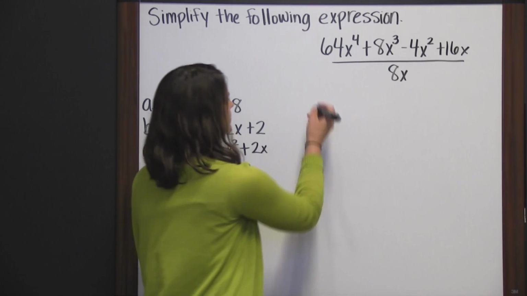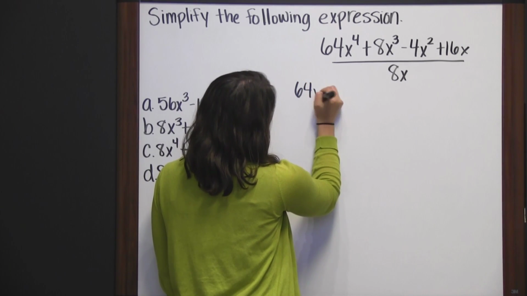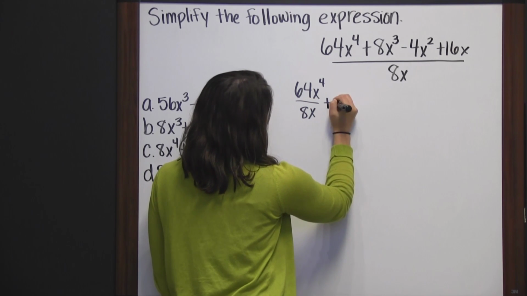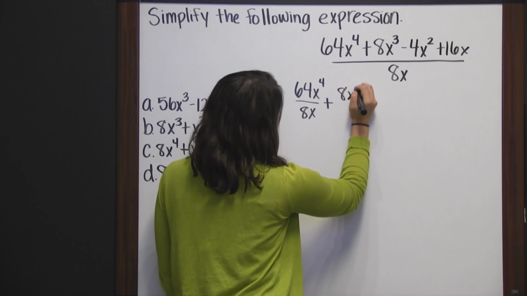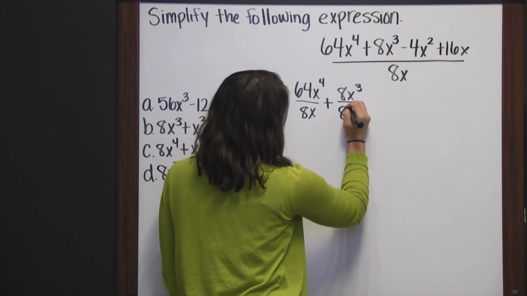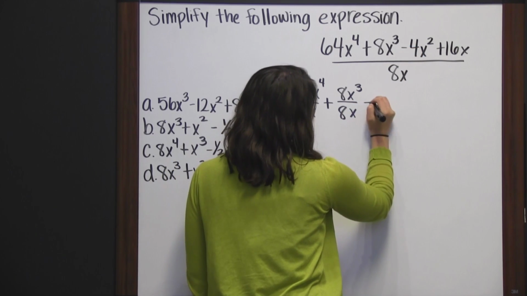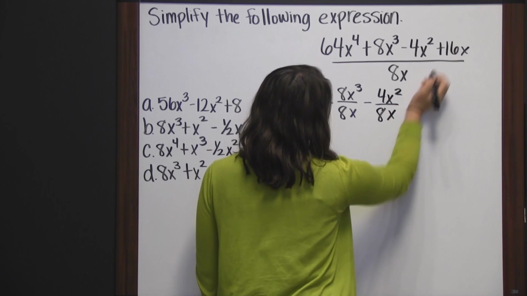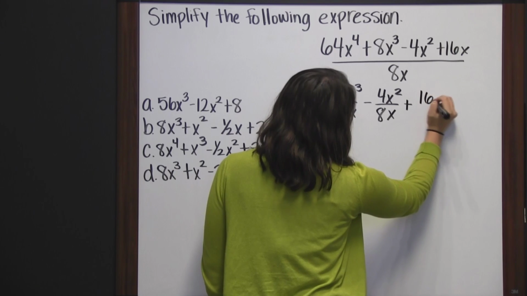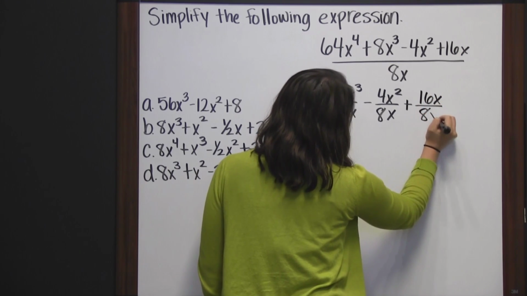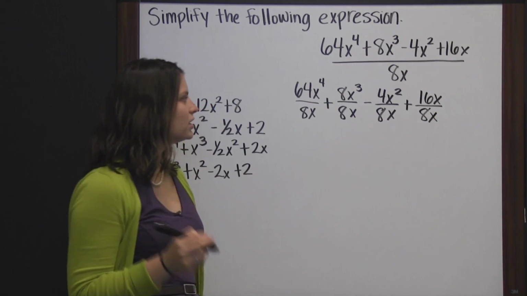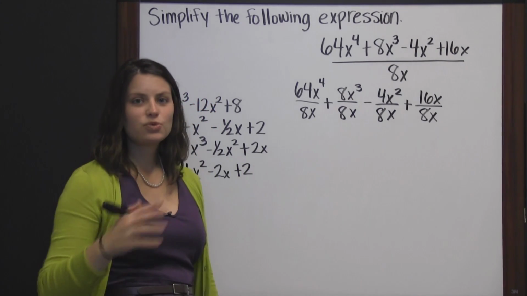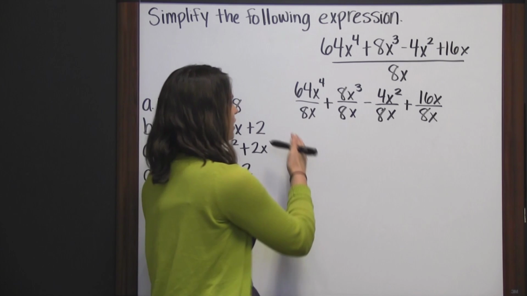I'm going to break this up. 64x to the 4th divided by 8x plus 8x cubed divided by 8x minus 4x squared divided by 8x plus 16x divided by 8x. Every single term is divided by 8x. So now we can take each one of these individually and divide by 8x.